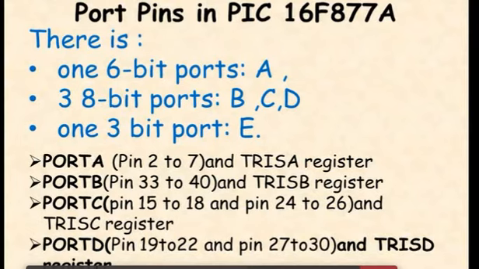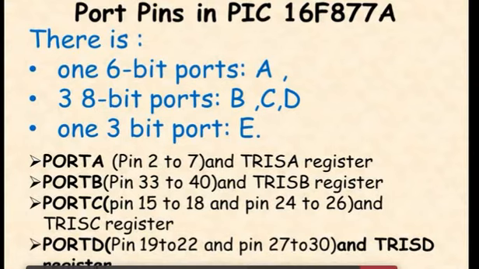Using TRIS, you can make any pin an input or output. Remember, all these ports are bidirectional, and you can make some pins input and some pins output. For port A, you can make input as well as output, but for that you require the TRIS register. The TRIS coding is very simple: if it is 0, then it is output; if it is 1, then it is input.